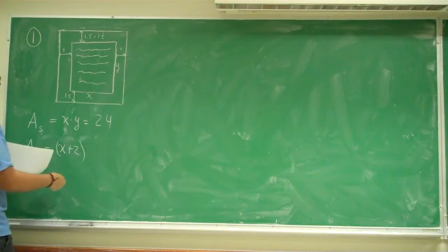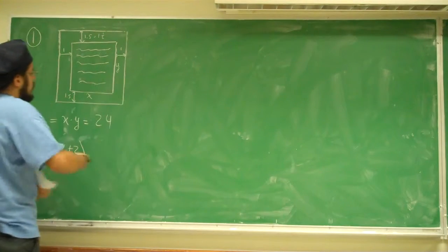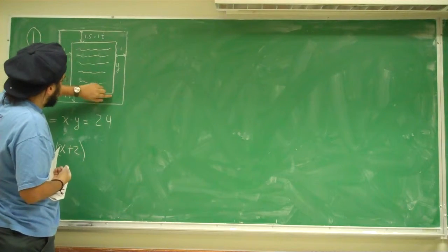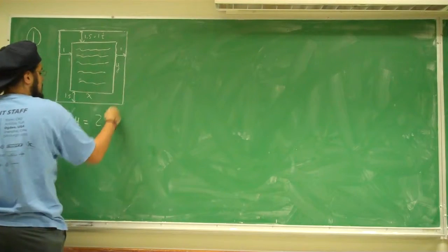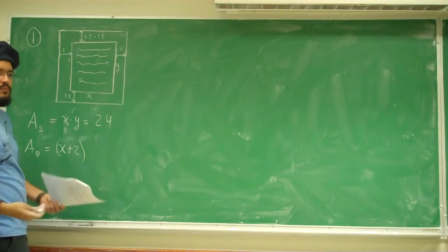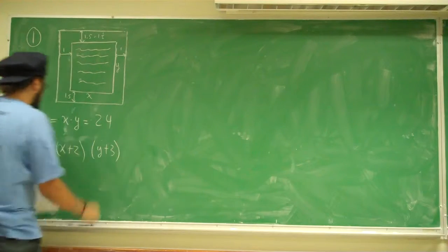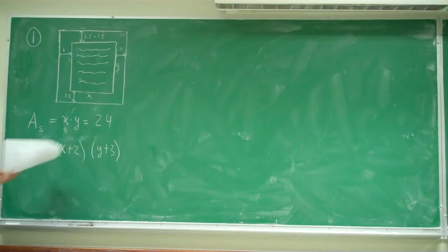So x plus 2 times, now we want to find the length of this. Well, this length is y plus this piece and that piece. But this piece is 1.5 and this piece is 1.5, so 1.5 plus 1.5 is 3. Therefore, it's y plus 3. Okay, so that's the function we want to minimize.